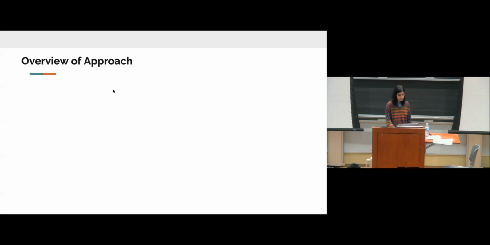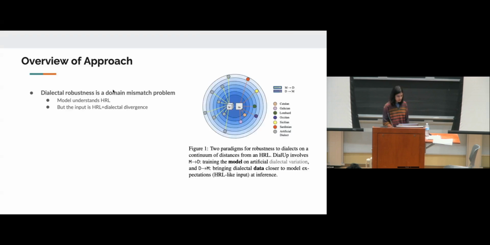So how does this work? DialUp is a dual technique for improving dialectal robustness. The idea is that this is a domain mismatch problem, right? The model understands the high resource language, but the input is the high resource language plus some dialectal divergence. There are two things we could do.